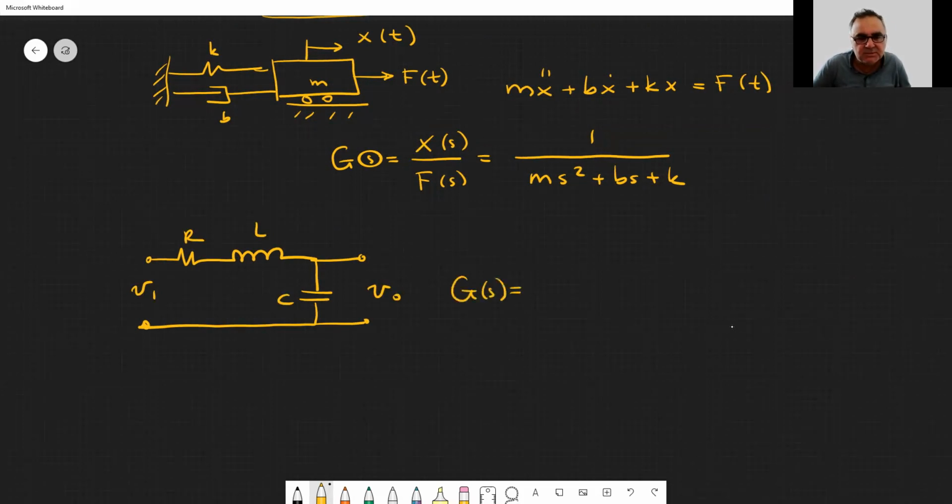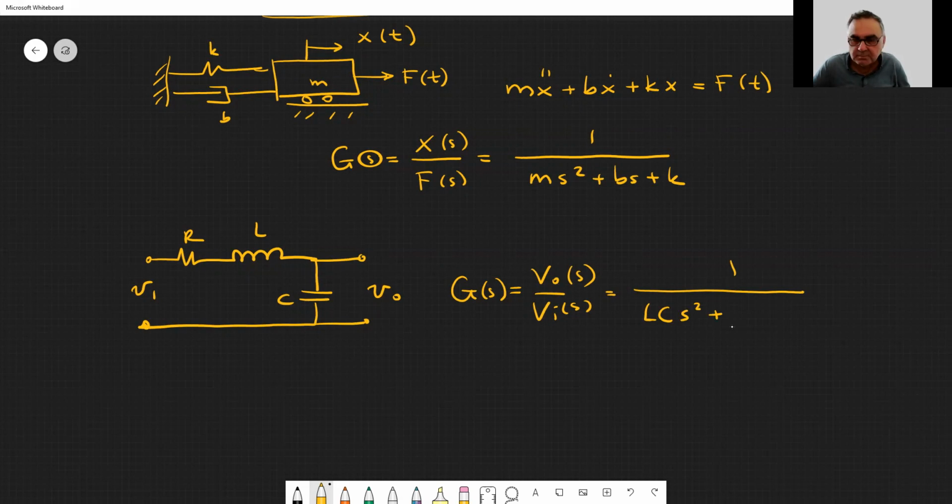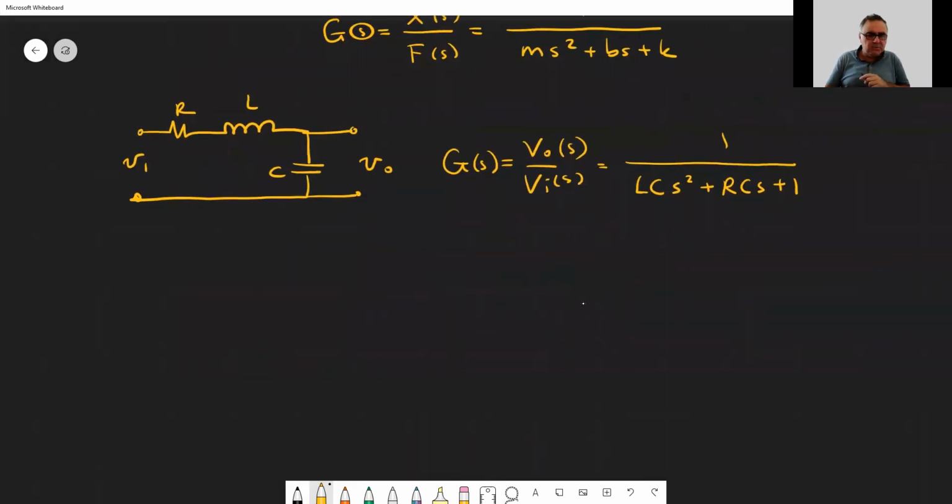G of S, which is VO over VI of S, will be, so it's a second order system. Or a two-tank system would be a second order system. Two capacitances will be a second order system. I'm not going to go into that.